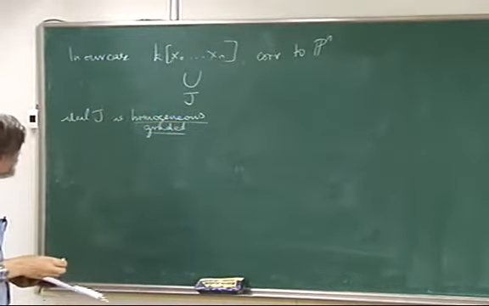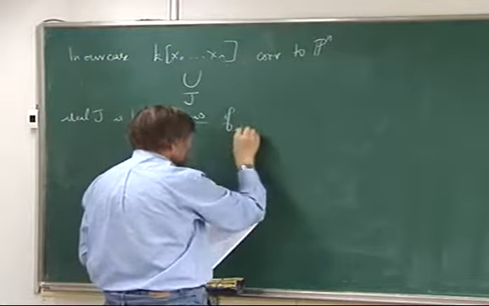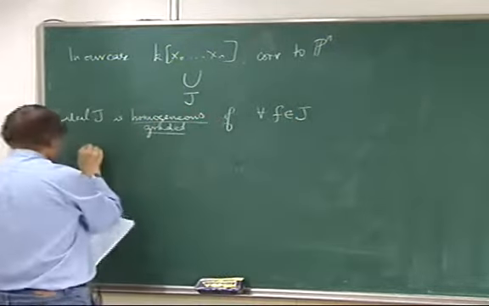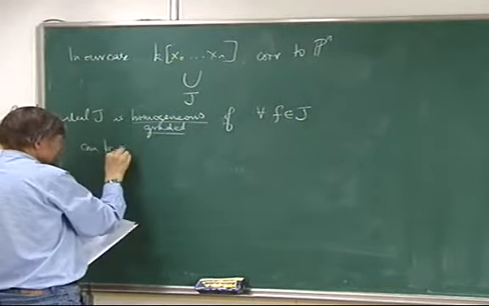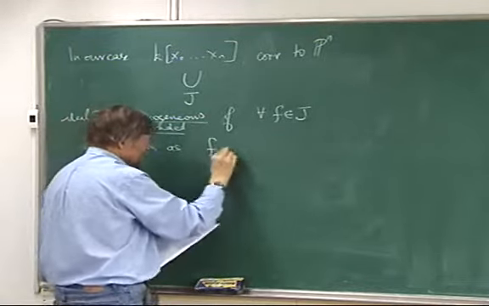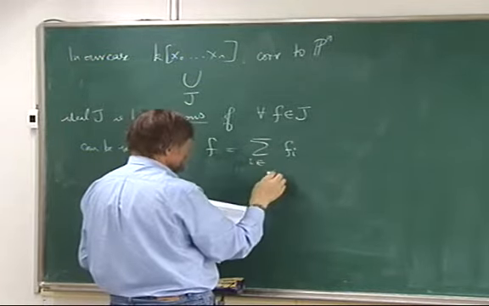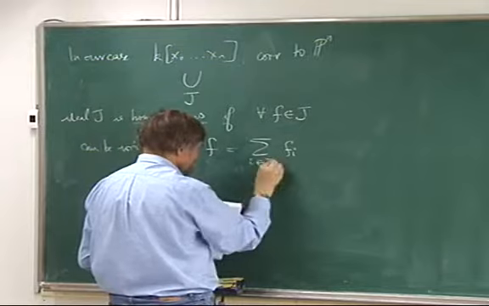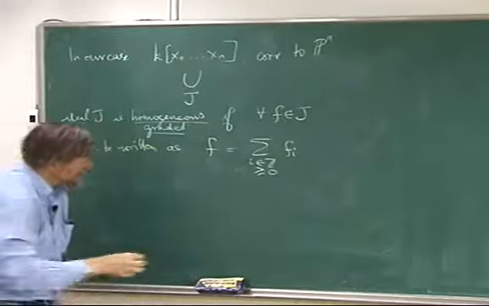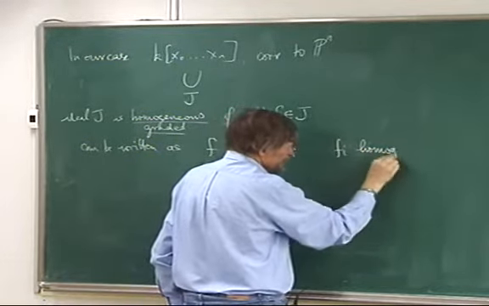So the ideal is homogeneous if any f in J can be written as f equals the sum of f_i with i greater than or equal to 0, and each f_i homogeneous of degree i.